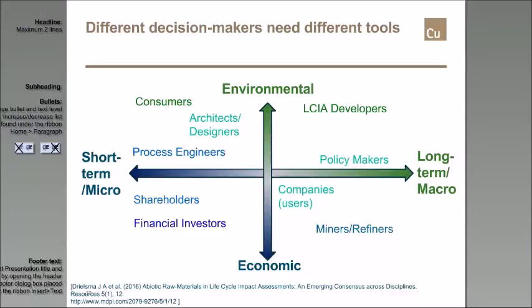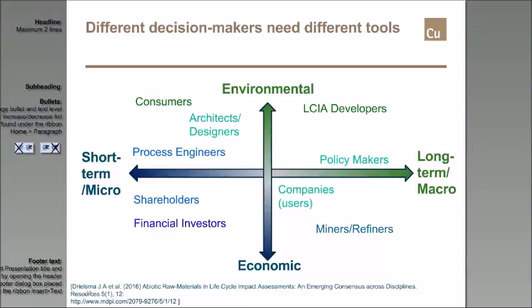So different decision makers need different tools. And when we see this, we can think that governments may need an indicator that helps us to understand which are those global stocks and flows, and where are those, and if they have good relations with that country.